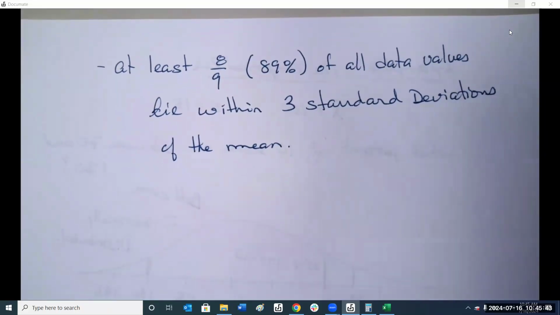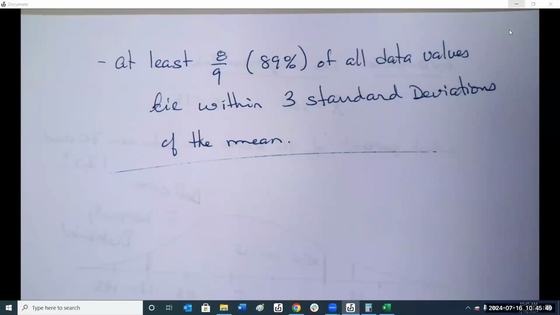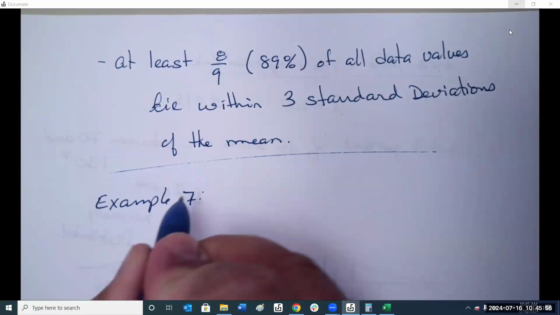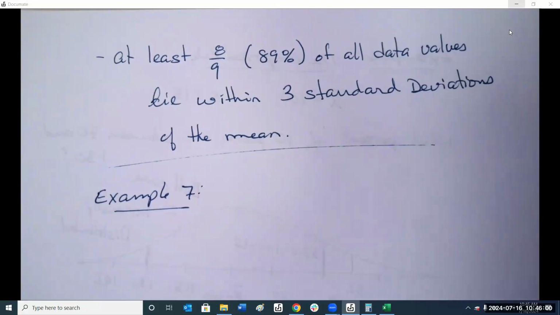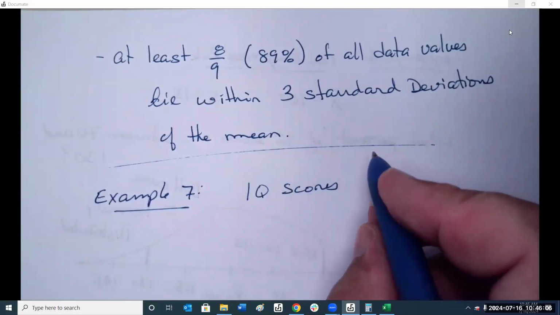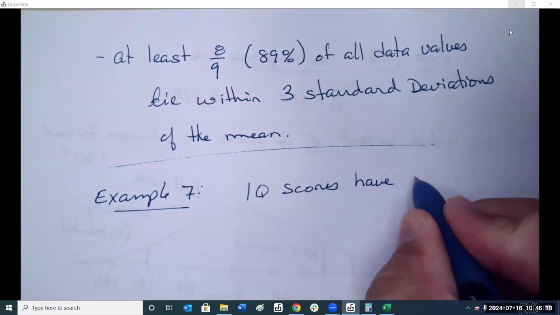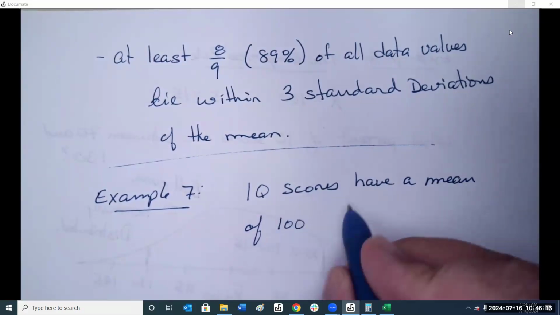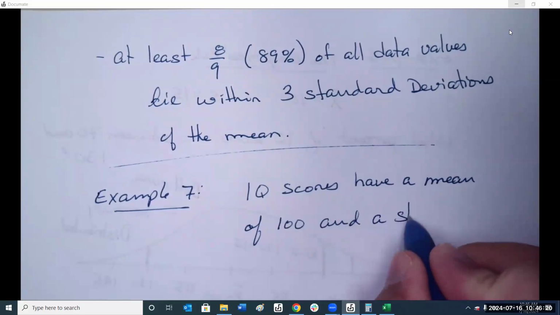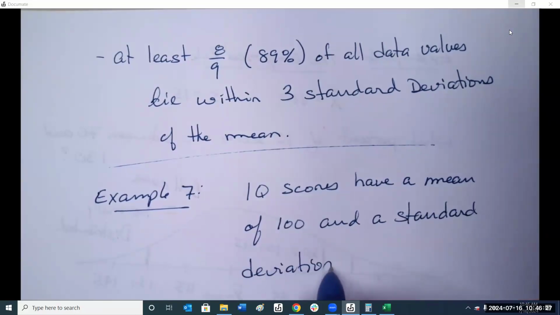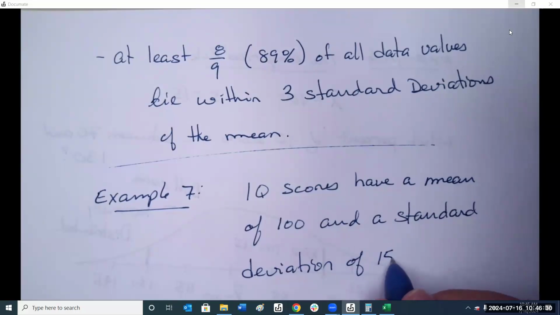Example 7. IQ scores have a mean of 100 and a standard deviation of 15.